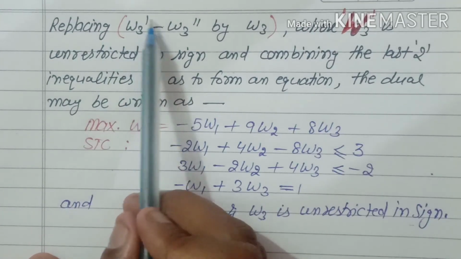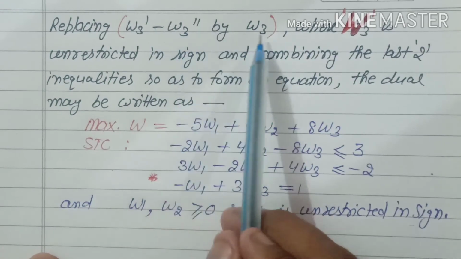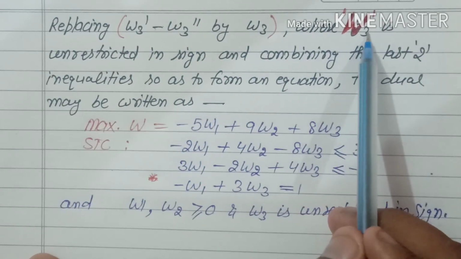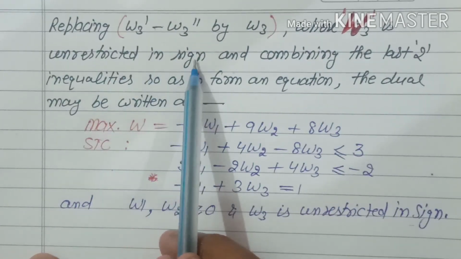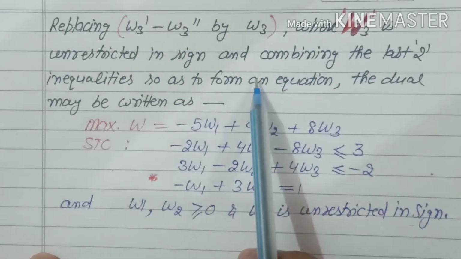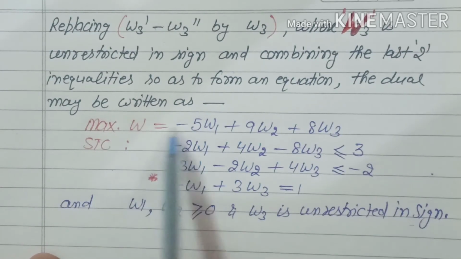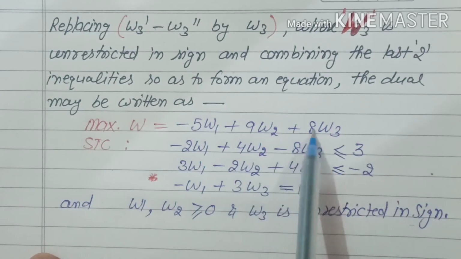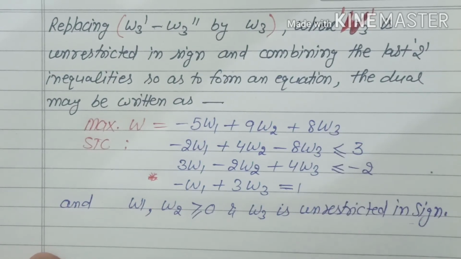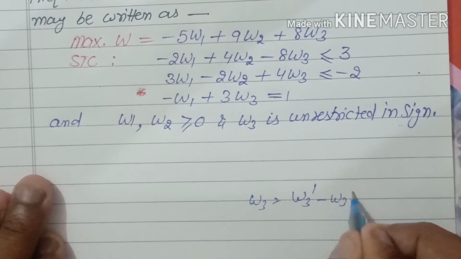Now replacing w3 dash minus w3 double dash by w3, where w3 is unrestricted in sign, and combining the last two inequalities so as to form an equation, the dual may be written as maximize w equals minus 5 w1 plus 9 w2 plus 8 w3. Here this w3 is equal to w3 dash minus w3 double dash.